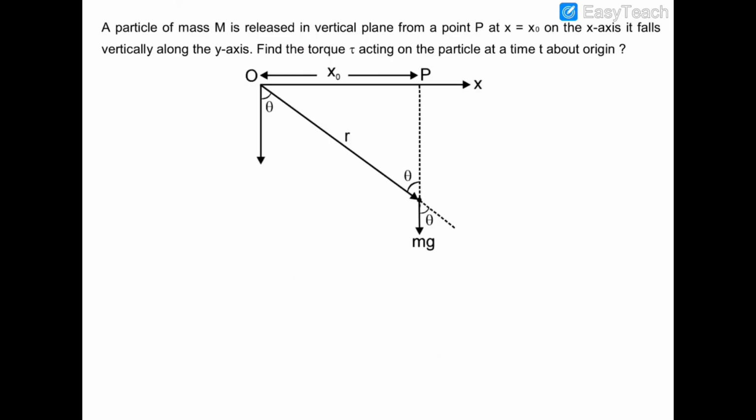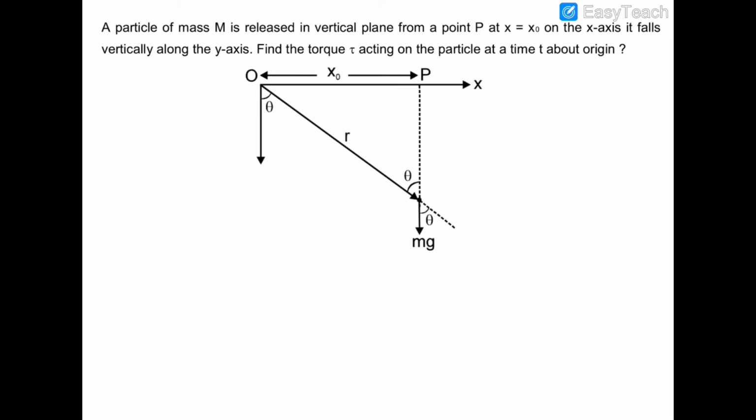Now to get a good feeling about torque, let us see some examples which are based on calculation of torque. So in this question, there is a particle of mass m which is released in a vertical plane from this position P, at x equal to x naught on the x-axis, and it falls vertically along the y-axis like that. Now we have to find out the torque tau acting on the particle at time t about the origin.